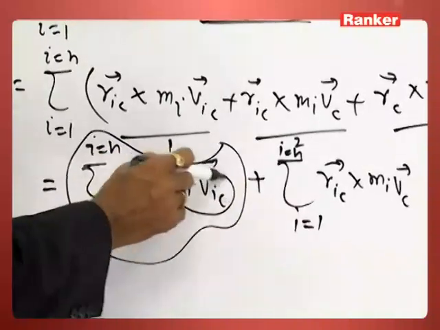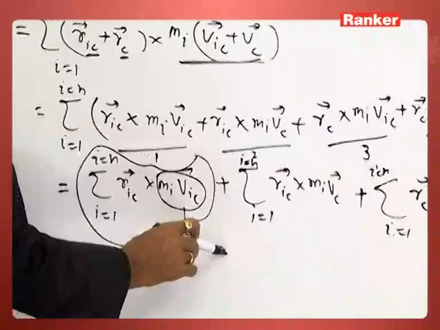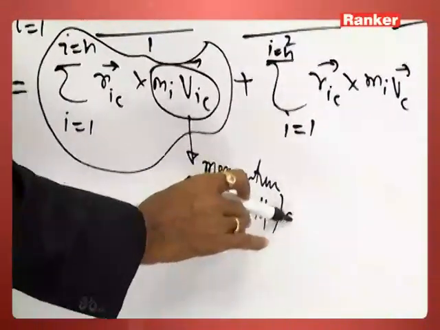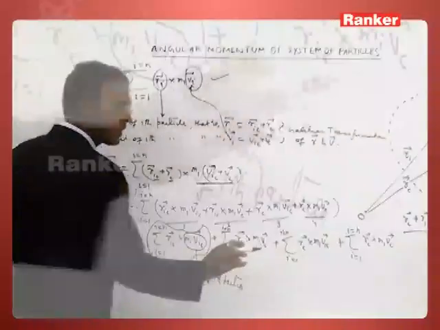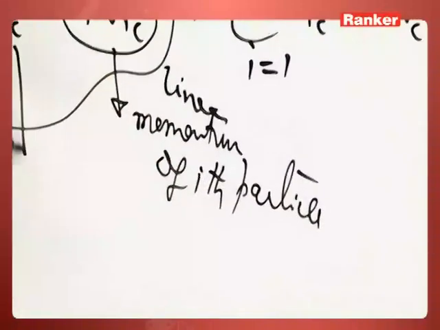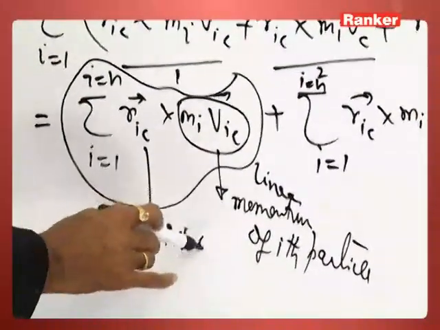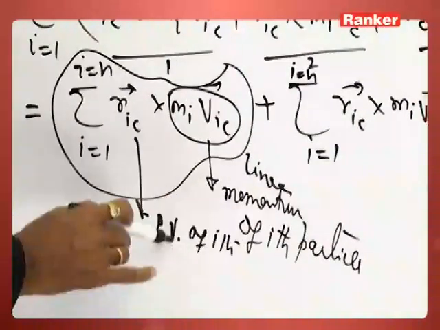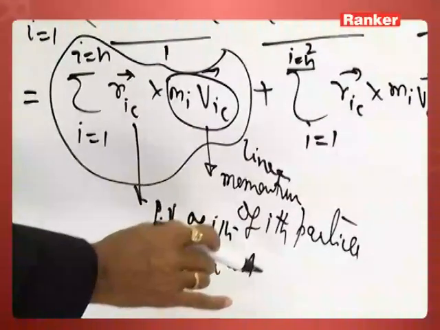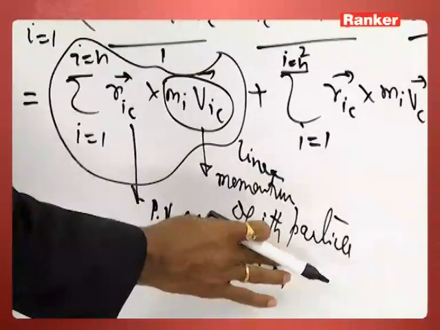This is the linear momentum of the ith particle, and this is the position vector of the ith particle with respect to the center of mass.